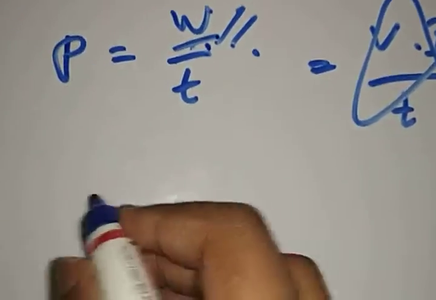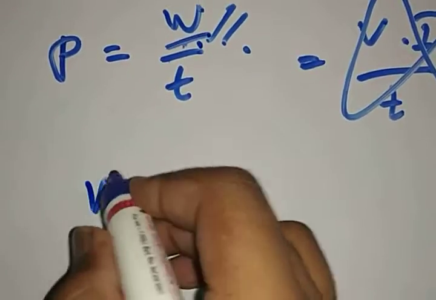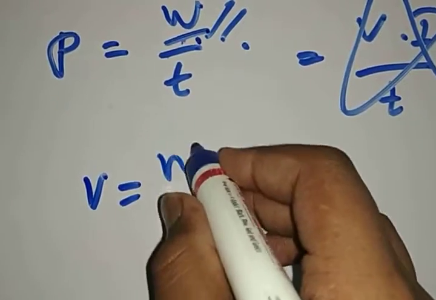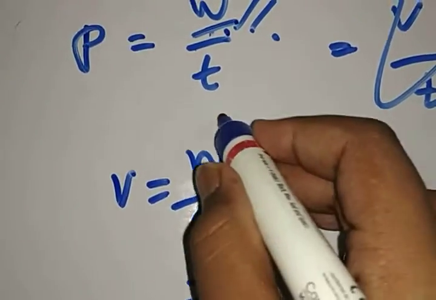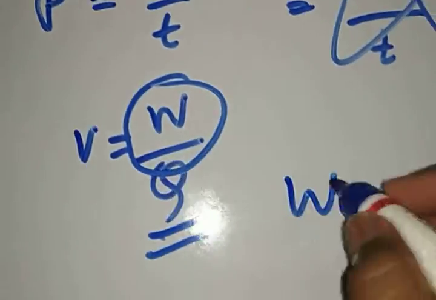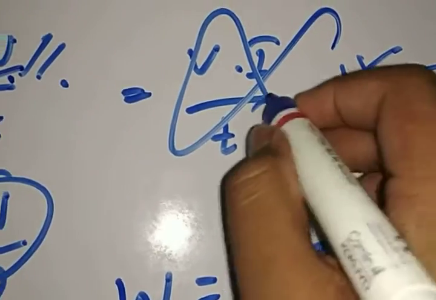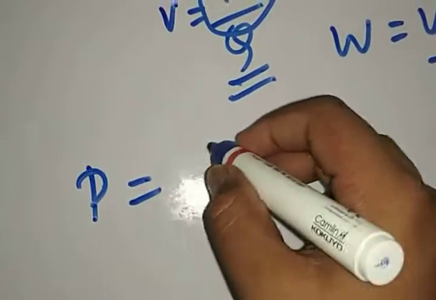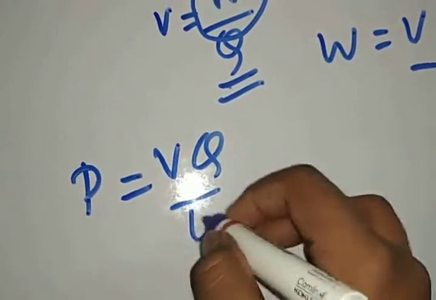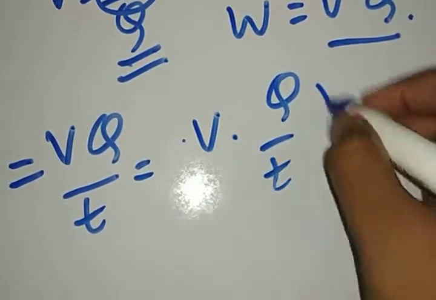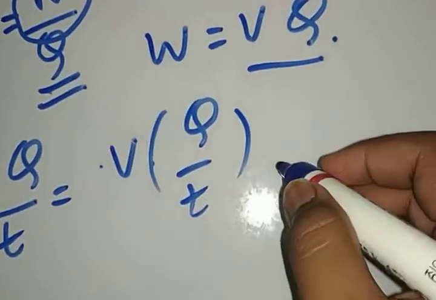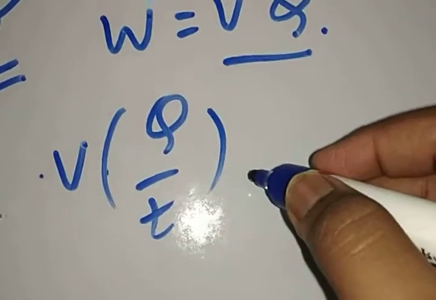It's totally wrong because voltage is equal to work done per unit charge. So we want to have the work done. So W is equal to VQ. So how can this I come? It will come, but T will not be there. So P will be equal to VQ by T. It's V into Q by T. And as I told, charge flowing per unit time is current.